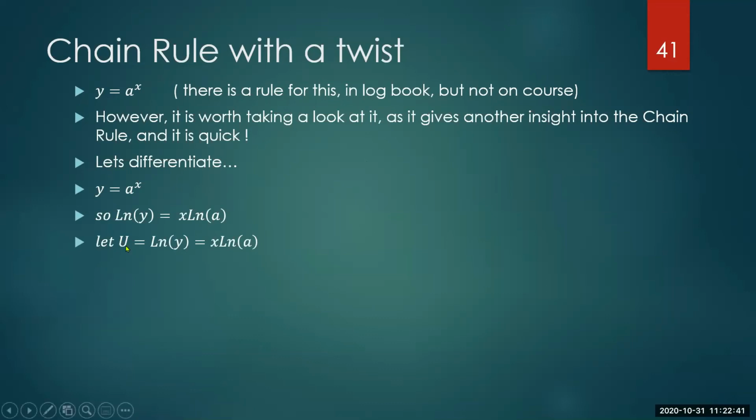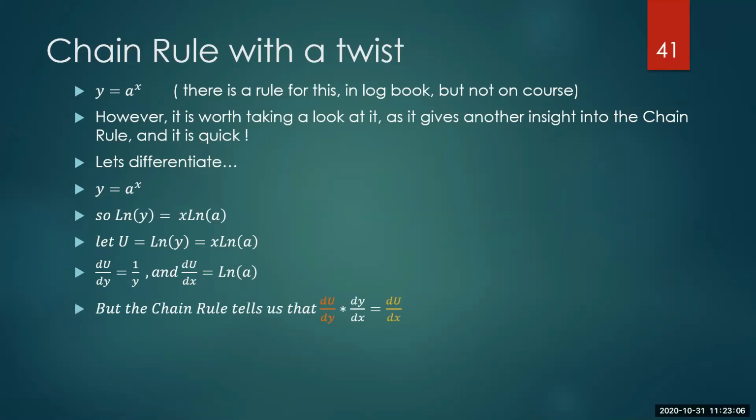Now u is a function of x, y is a function of x, and x times the natural log of a is a function of x. So we can differentiate. du/dy is equal to 1 over y, and du/dx becomes the natural log of a. Okay, and that's from the product rule.